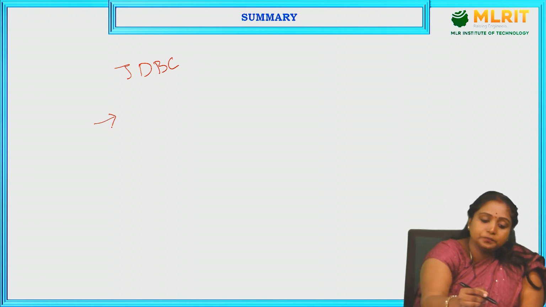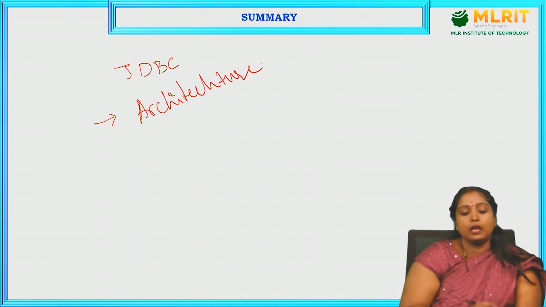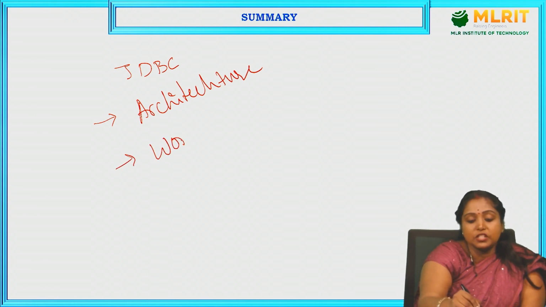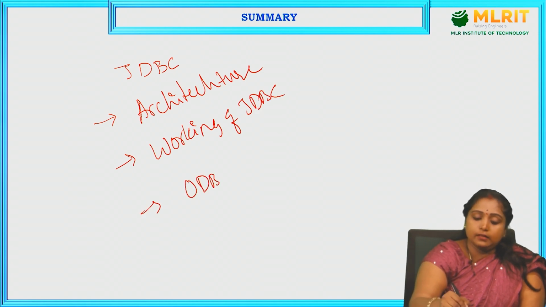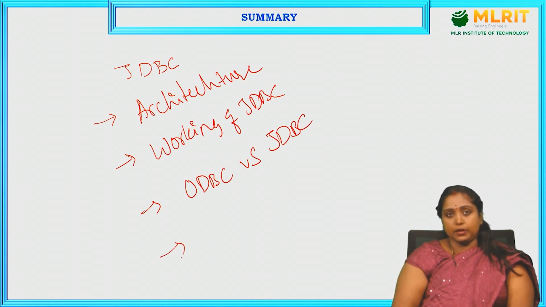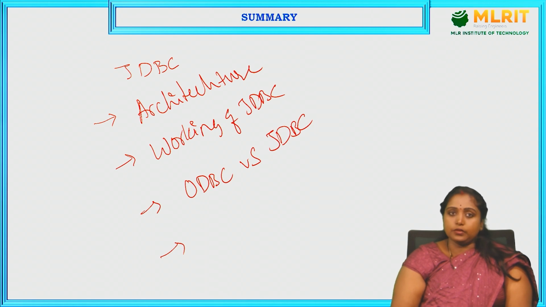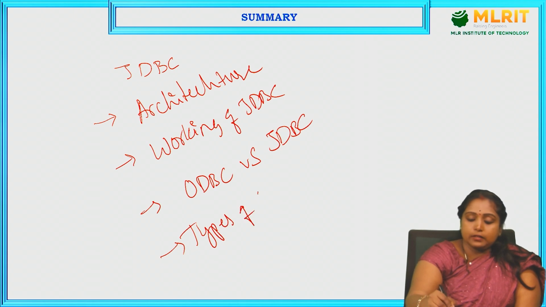We have seen the architecture of JDBC, and next how JDBC works. We have seen ODBC versus JDBC. Previously ODBC was used in earlier versions, and as of now we are using JDBC. What is the difference between ODBC and JDBC? And at last we have seen types of architecture.